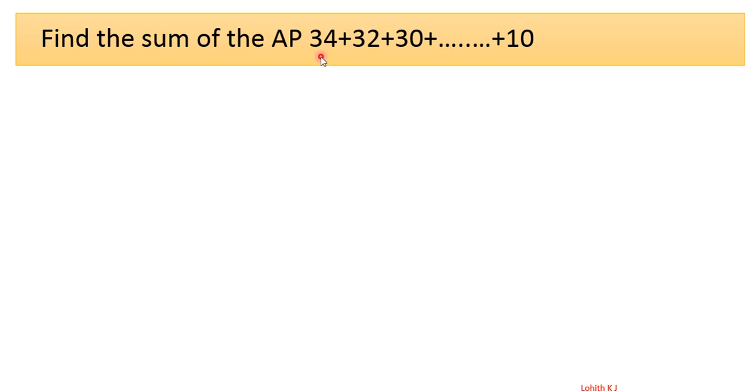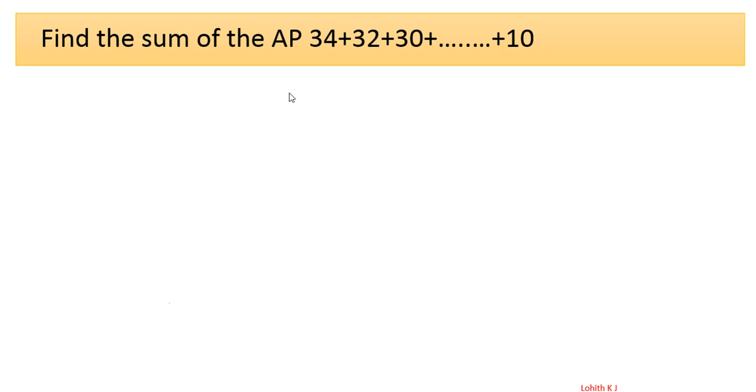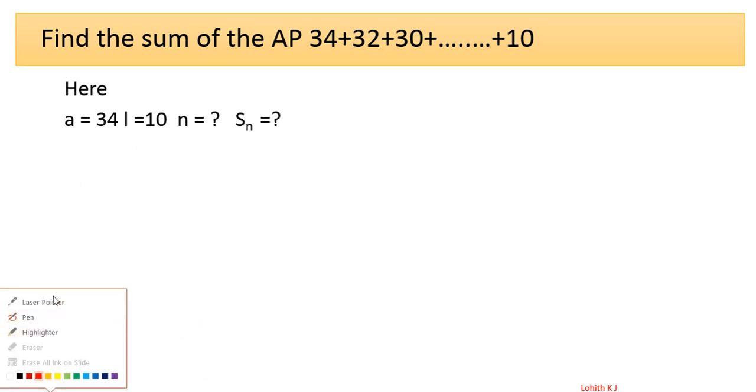When the first term and the last term are given, we use the formula Sn = n/2 (a + l). In the problem, the first term is 34, that is a, and l = 10, the last term.